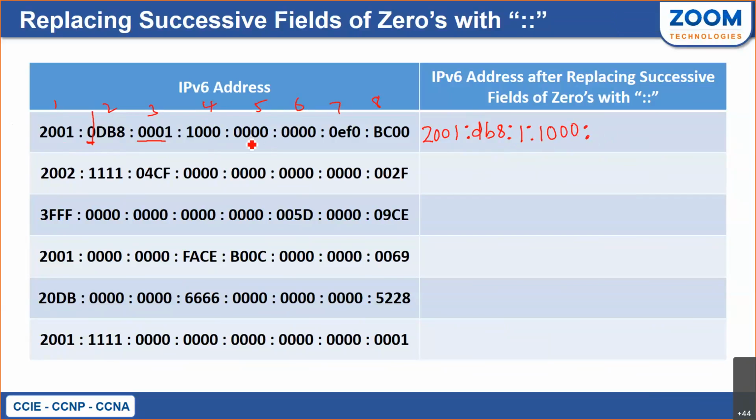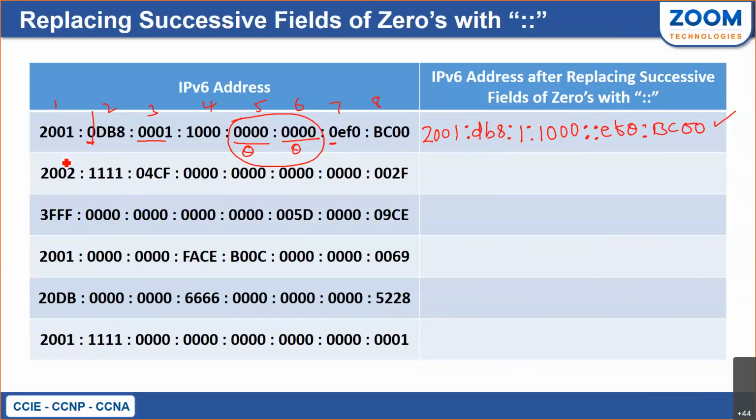The fifth and sixth fields are successive zeros. Six fields of successive zeros, so multiple fields are replaced with a double colon. Again, in the seventh field, leading zero omitted, you can write it as EF0 colon. In the eighth, no leading zeros, no successive zeros. That is BC00. You can represent it as it is. Clear?